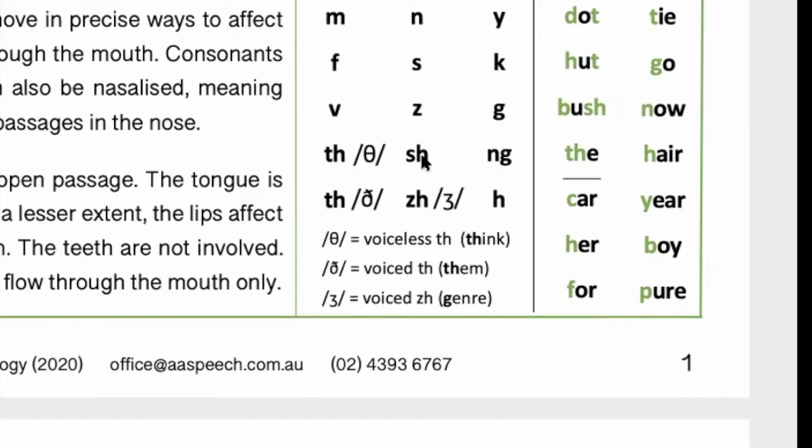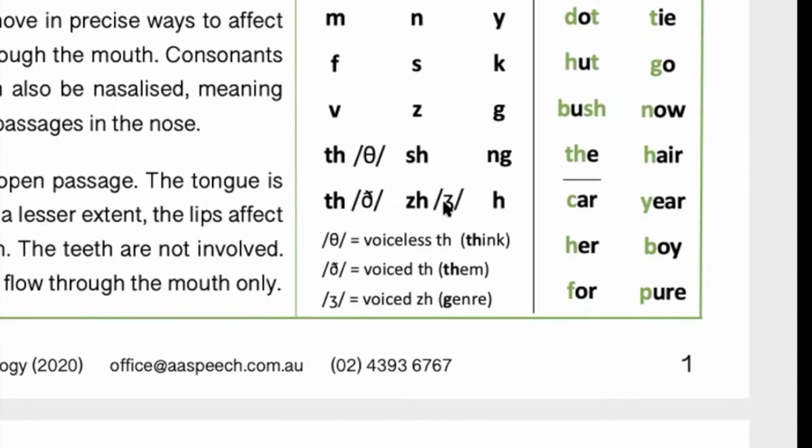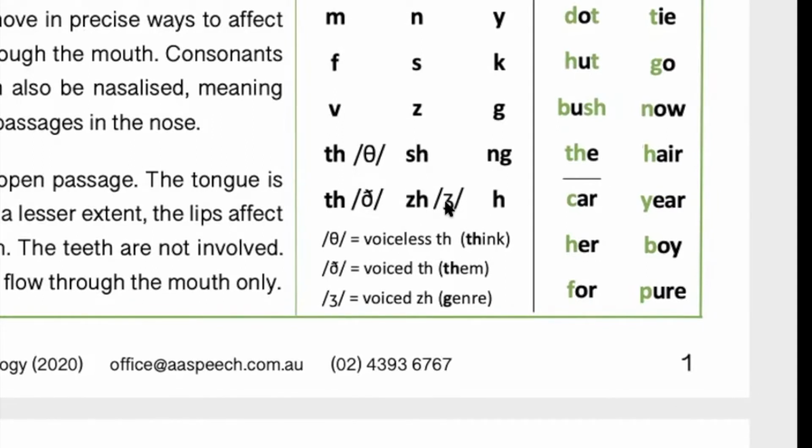And then for sh, that's voiceless, well, we know to write SH for that. But what about the sound zh, like in measure or genre? We don't really have a way of writing that as a symbol. We could put ZH, you may or may not have seen that before, to represent zh, but I've actually got the phonetic symbol. So let's have a go at an activity.